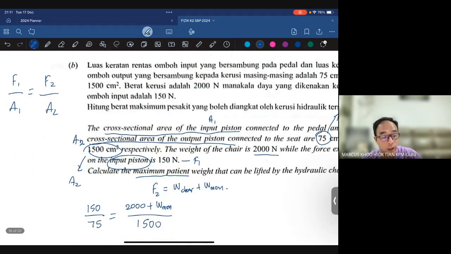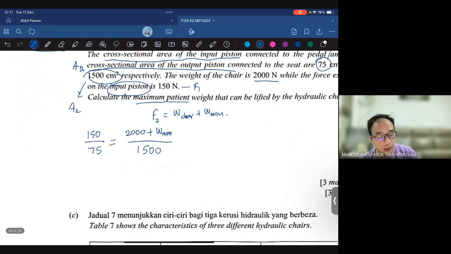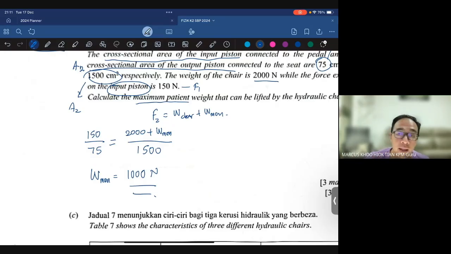Using this formula, F1 over A1 equals F2 over A2. Do the calculation, I think it's a very simple calculation. You get W, the weight of the man, is about 1000 newtons. I don't think it's particularly difficult.